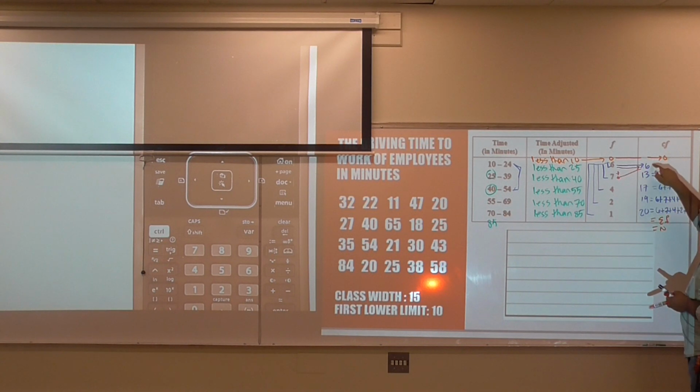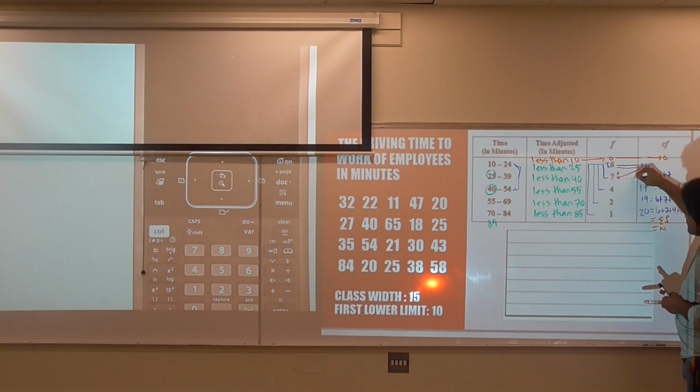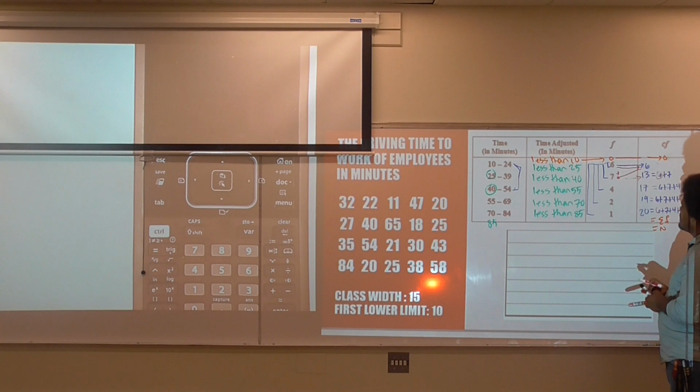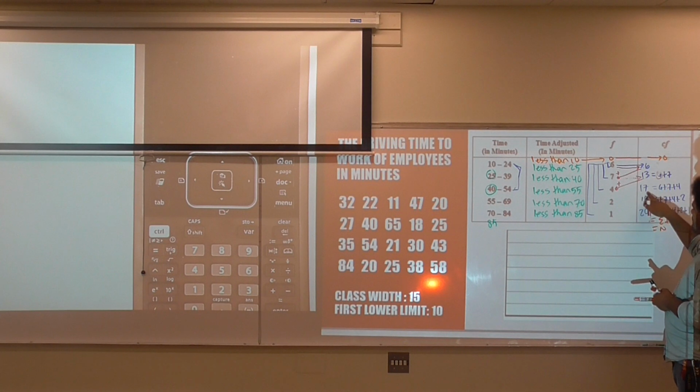So notice how we get 6 plus 7 again, and that is 13. We just got this and brought it down and added it to this one. That's all we really did. Same thing, and pretty much what we're going to end up making here is a zigzag effect. So now I'm going to get the previous cumulative frequency and add it to the current class's frequency that we're trying to find the cumulative frequency for. So therefore, 13 plus 4 gives us 17 as well.